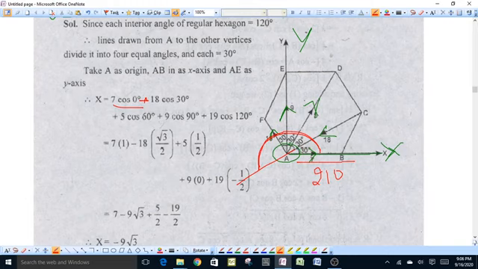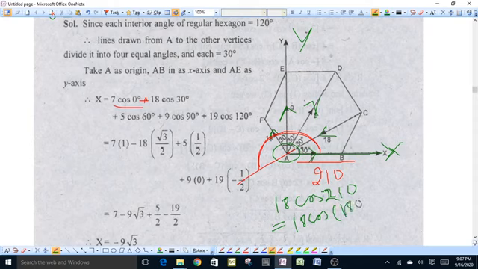X component of this force will be 18 cos 210, we can write it as 18 cos (180 plus 30).